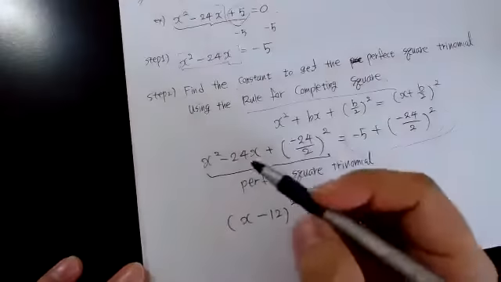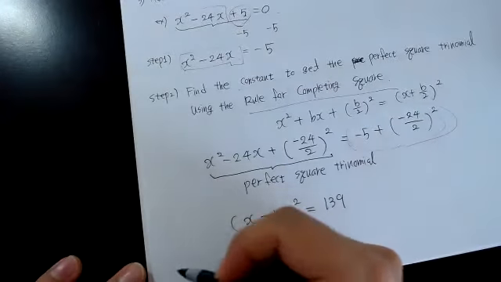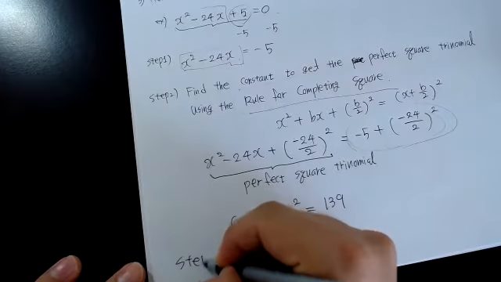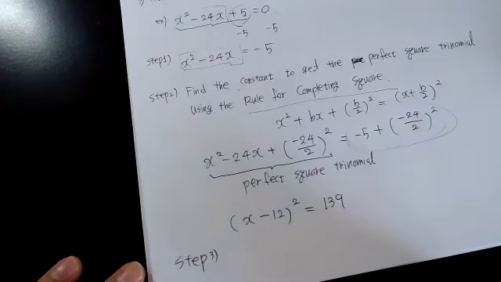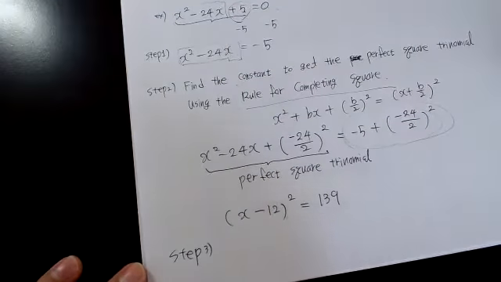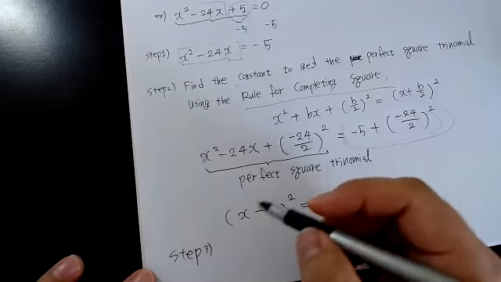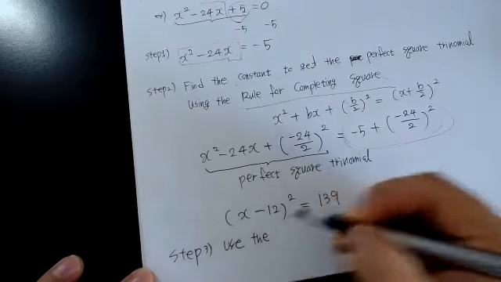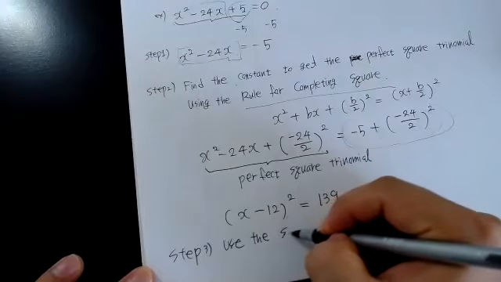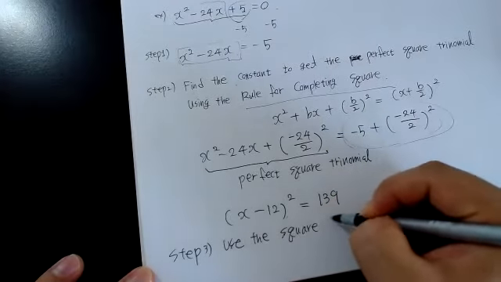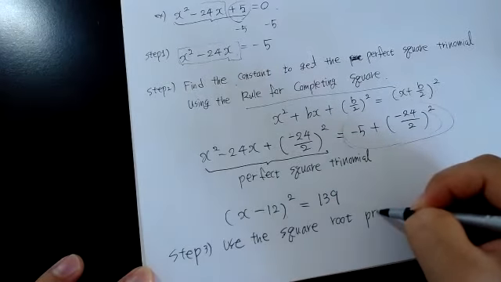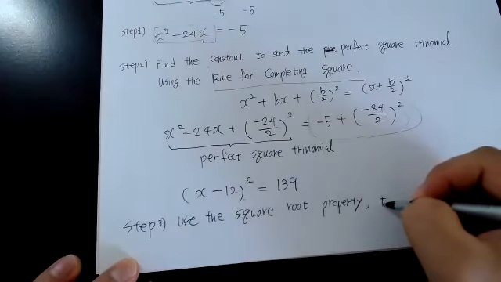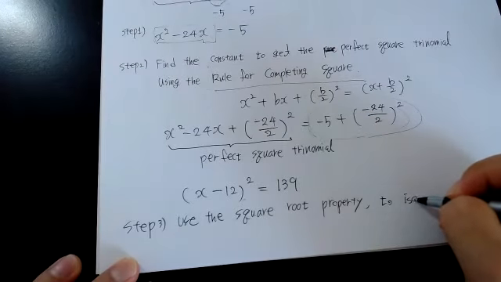Now, this is step 3: we use the square root property to isolate x.